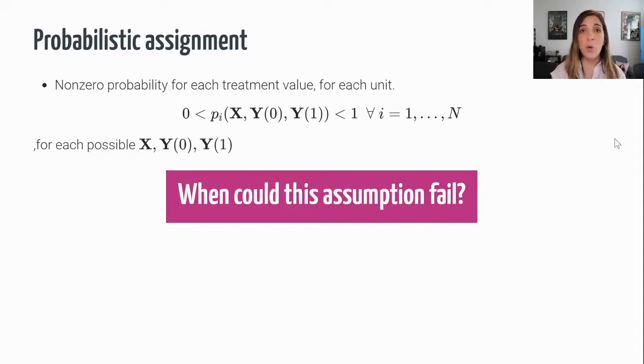But for units that will always be treated because they're always at the bottom of the distribution, they deterministically would always be in the treatment group. That generates a problem because if a group deterministically goes into either the control or the treatment group, you don't have a good comparison in the other group. So that will generate a problem for estimating a solid counterfactual.